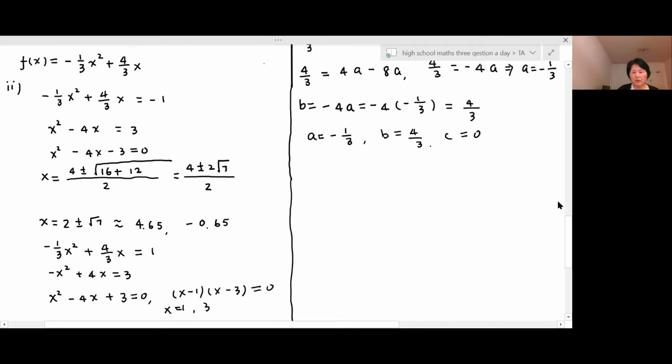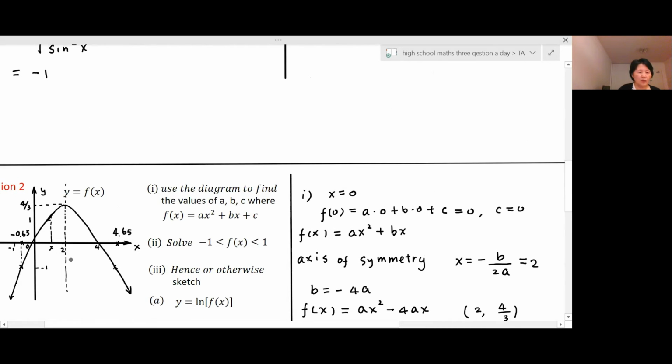What does this mean to you? So when x is 1, this value x is 1 here, then another 1 is here. Another value, y equal to 1, is when x equal to 3 here. Okay, so now they want me to solve f(x) larger than or equal to minus 1 and less than or equal to 1.